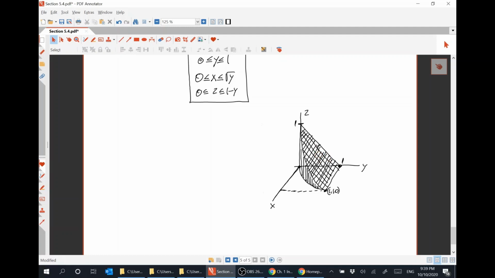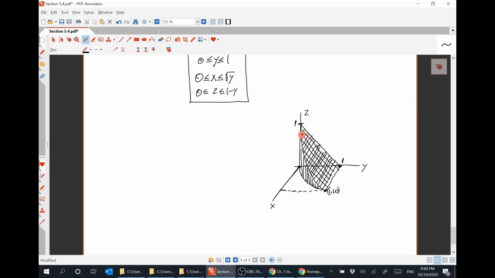If I was to take this heel-shaped or half a cheese wedge-shaped region here, and I was to smoosh it in that direction, flatten it straight that way into the xz plane, what is the image that I get in the xz plane?